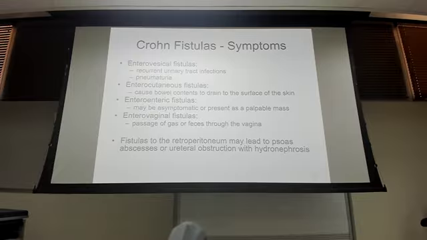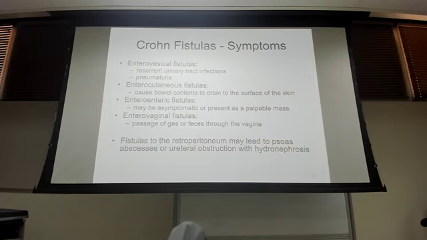So the symptoms from the fistulas are going to depend on where that fistula is actually communicating to. So if it's intravesical, you can get chronic UTIs. You can also get some air in the urine, pneumaturia.